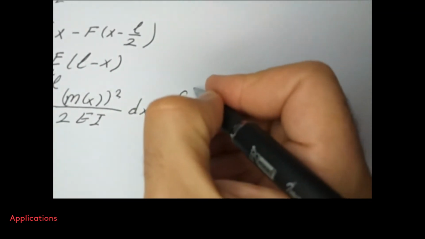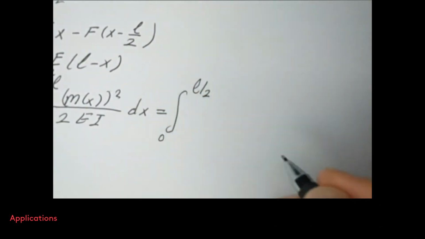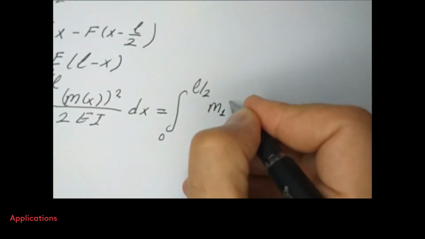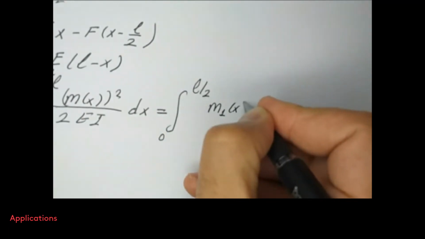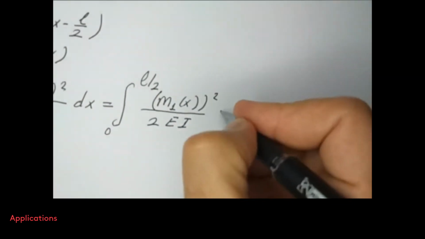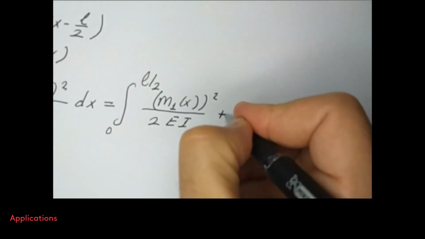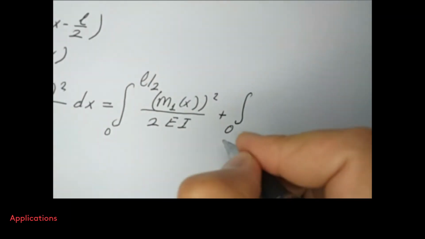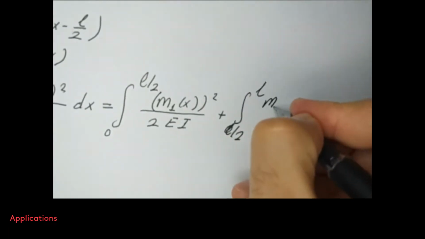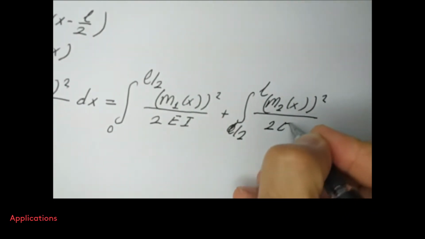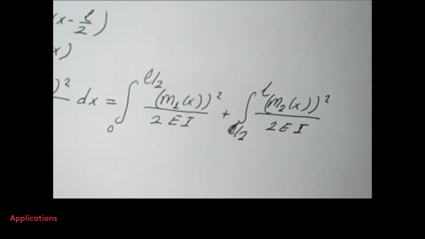This is the integral from 0 to L over 2 of M1(x) squared divided by 2EI, plus the integral from L over 2 to L of M2(x) squared divided by 2EI, dx.